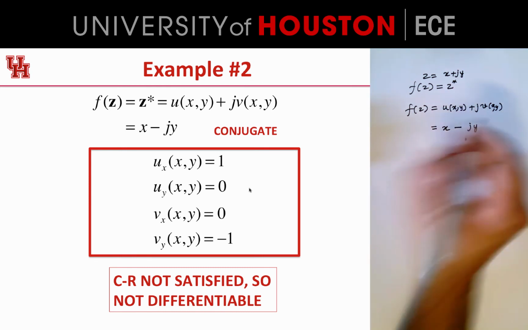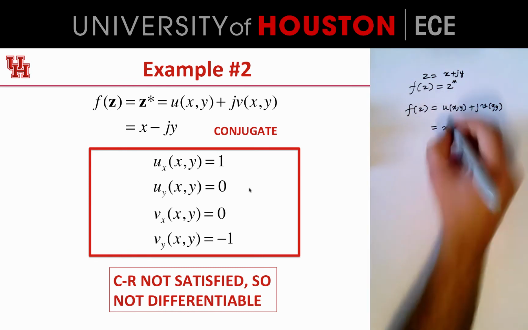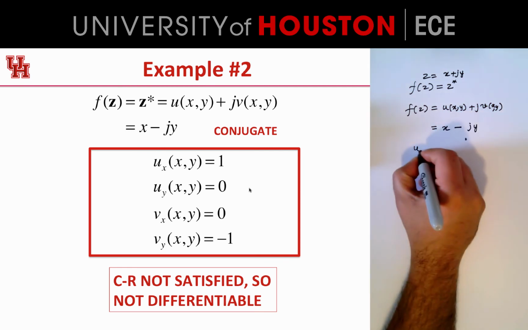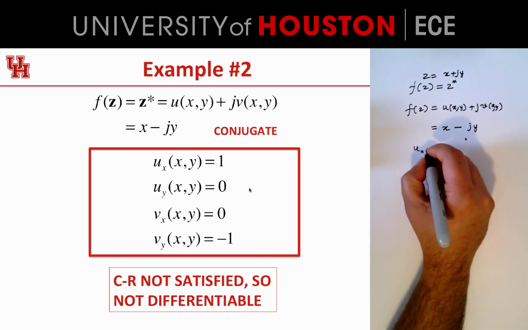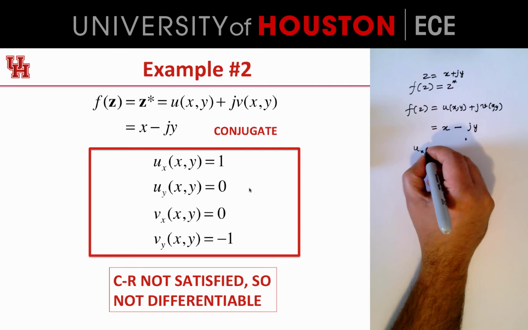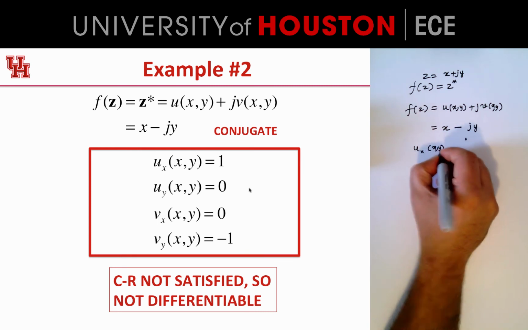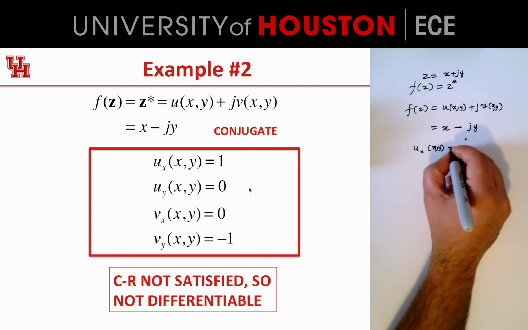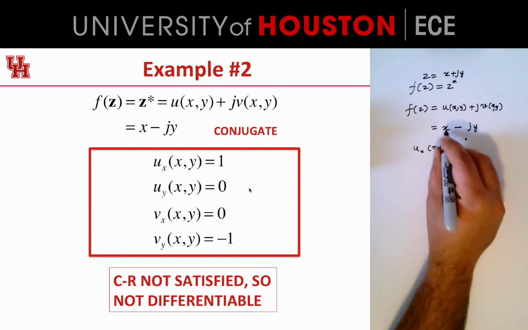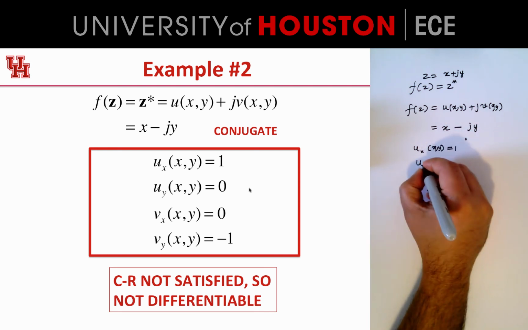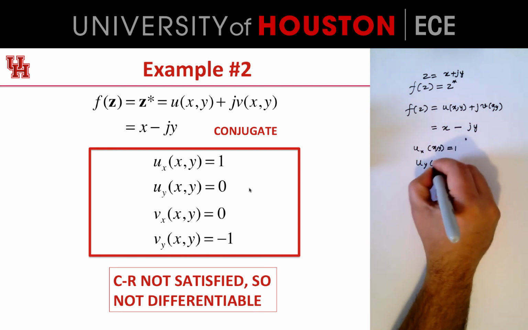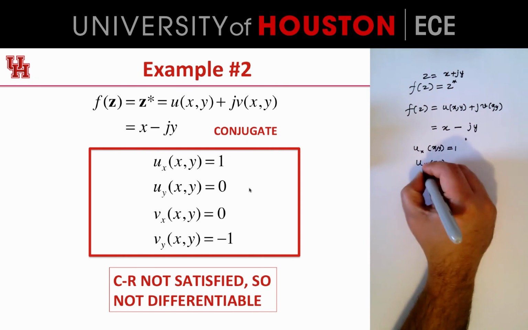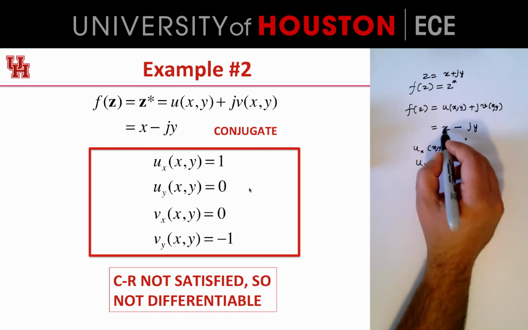So if I take u and differentiate it with respect to x, at xy, then I get just 1. And if I take uy at xy, in other words, if I differentiate with respect to y, you get a 0.